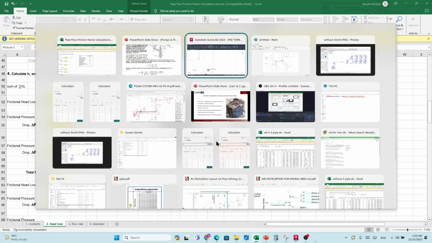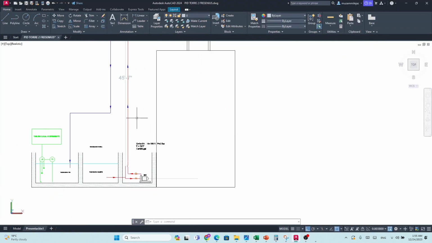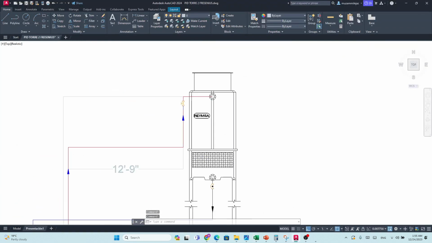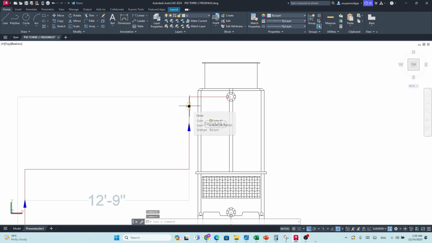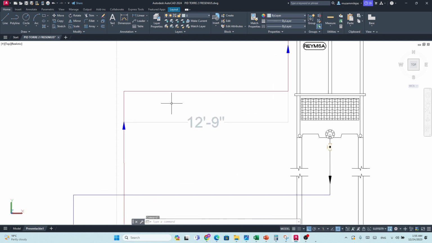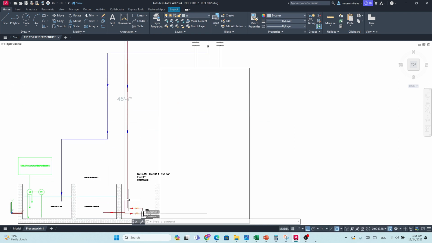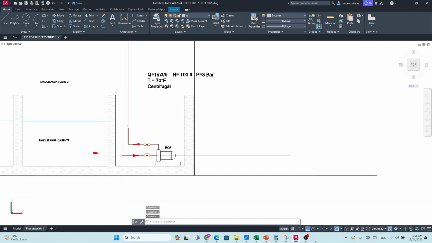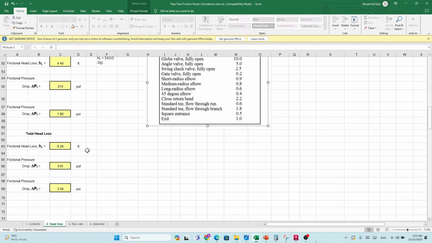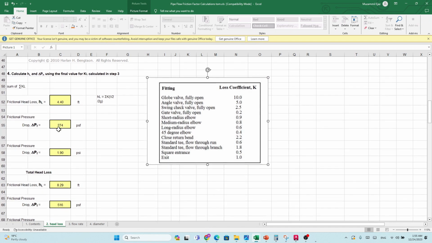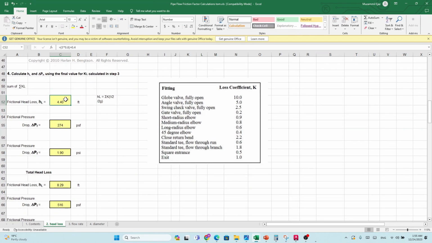So let's see how many fittings we have in our case. We have one gate valve over here, and elbows: one, two, three, four and five. We have 5 90-degree elbows and 2 valves fitting. So just put these values over here.